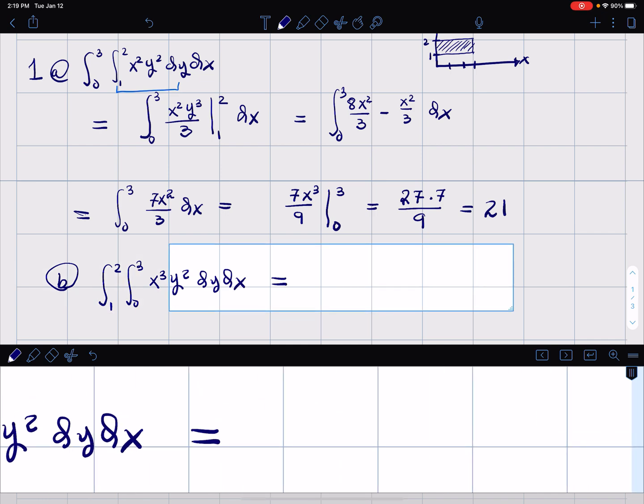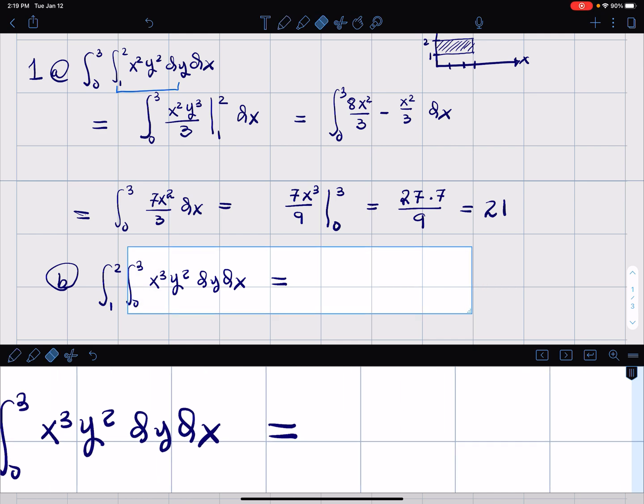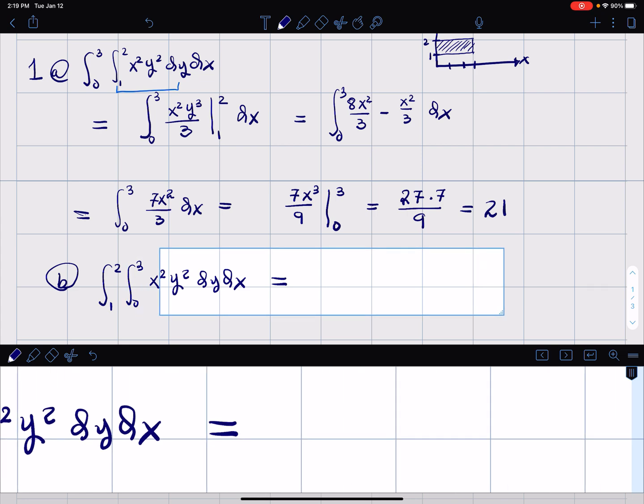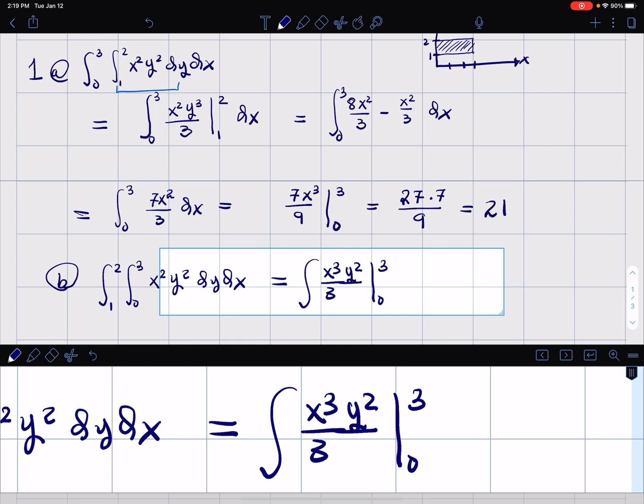All right, so in this case, we do x first. So we're going to get x squared, not cubed. We're going to get x cubed over 3 times y squared, right? And then we're going to plug in 0 and 3, going from 1 to 2, then dy.